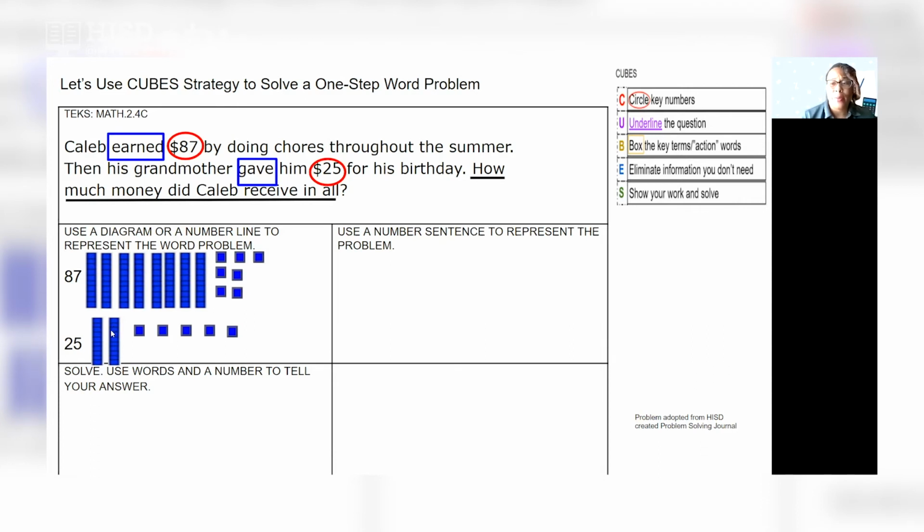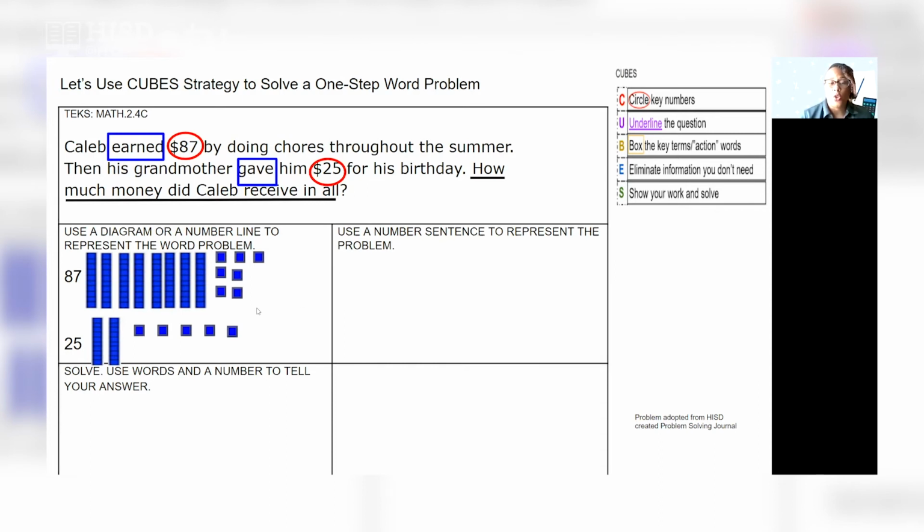Notice I counted all of my tens first. 101, 102, 103, 104, 105, 106, 107, 108, 109, 110, 111, 112.